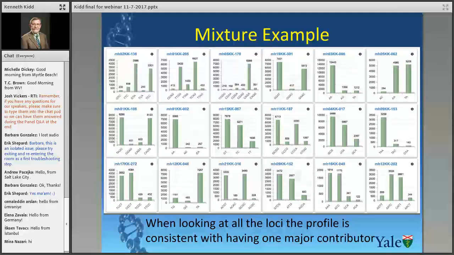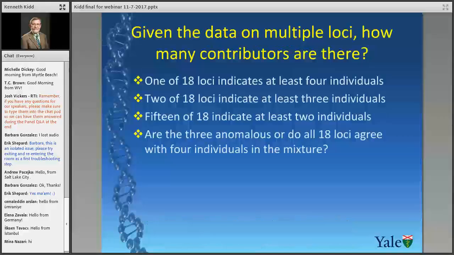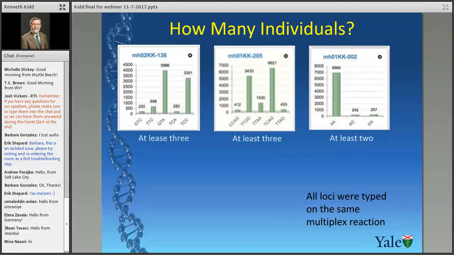Question is, here in these 36, it was clear that every one of the 36 identified a minor contributor, but how many minor contributors were there? Well, only one identified 4 individuals, 2 at least 3, 15 at least 2.